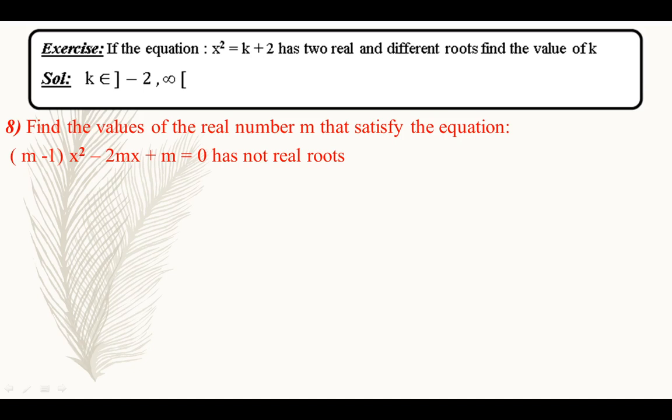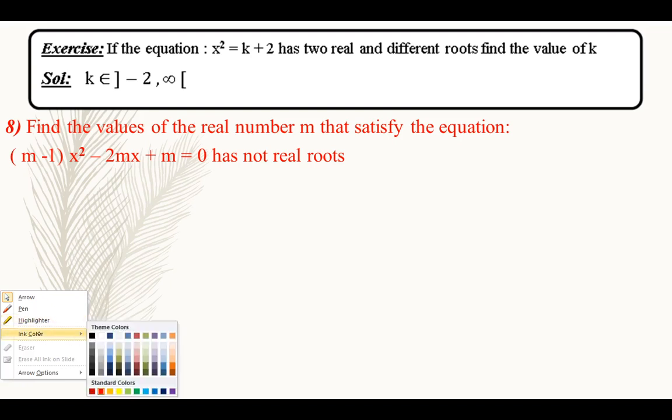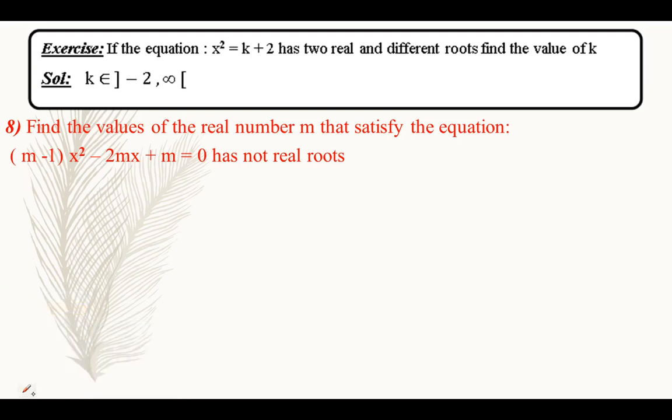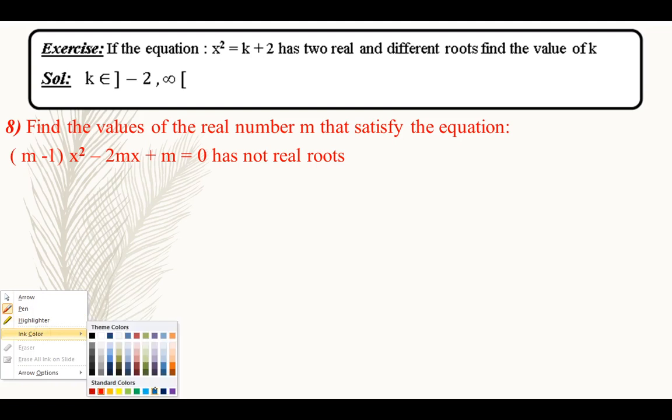Again, he wants us to find the values of m which makes the quadratic equation have no real roots. What do we mean by it has no real roots? Here, we mean that the discriminant is negative.